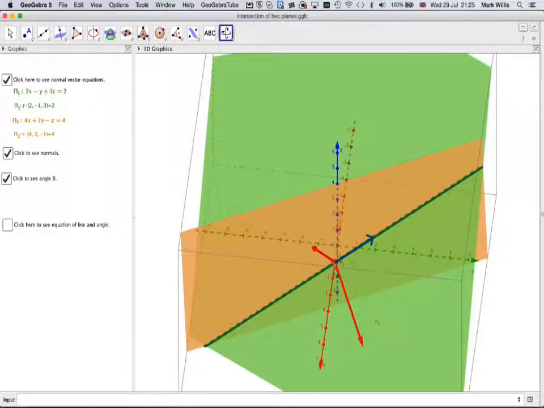this vector here, such that this angle is 90 degrees and this angle is 90 degrees, and this will be the vector v, the directional vector of the line.